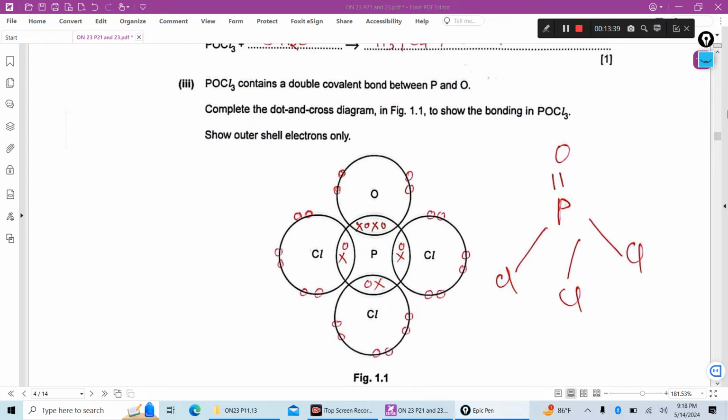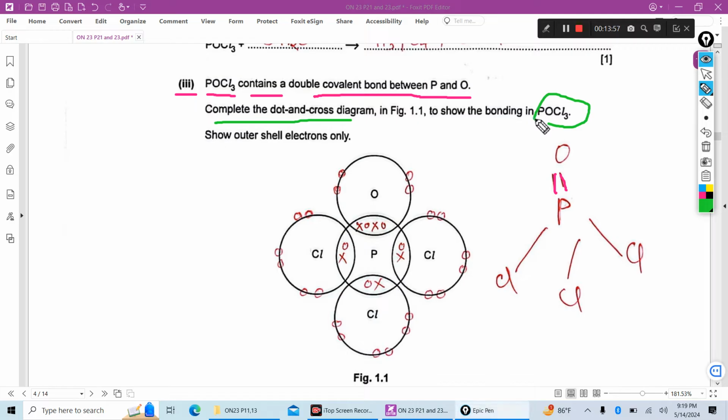Now, the dot and cross diagram. Phosphorus trichloride oxide contains a double covalent bond between phosphorus and oxygen. Complete the dot and cross diagram to show phosphorus trichloride oxide.